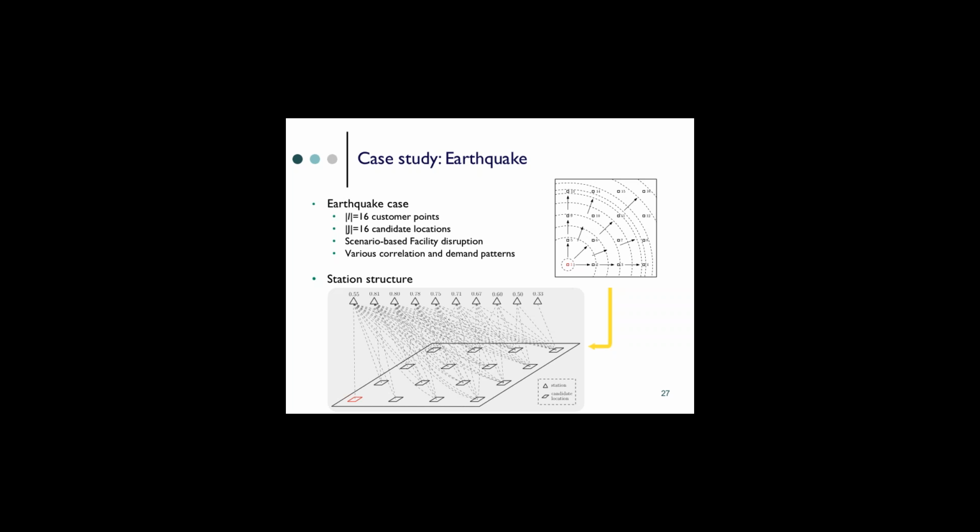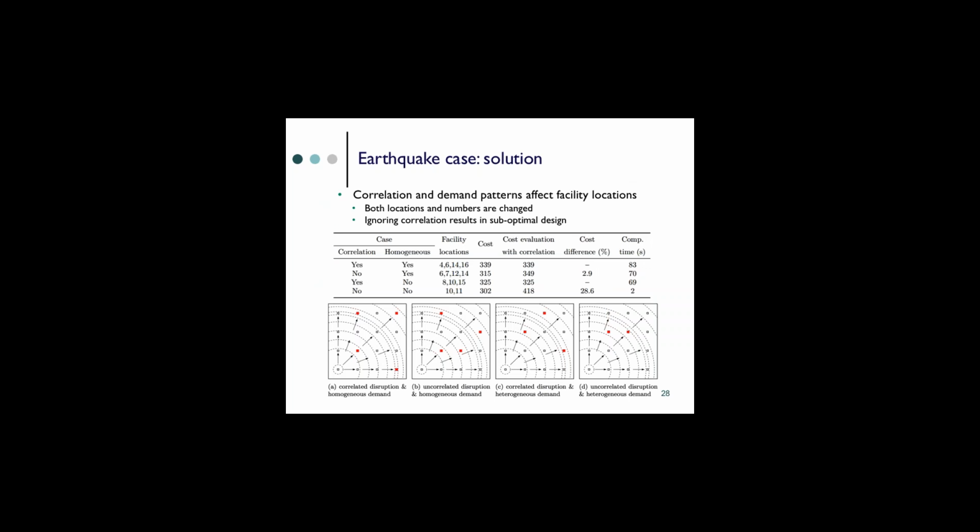So as suggested by the methodology, we first decompose the correlation into a station structure. Here, we have 10 stations. Each station is connected to multiple facilities, and these two systems are equivalent. Then based on the facility station system, we build the model and solve it.